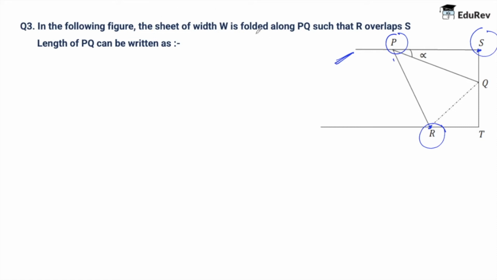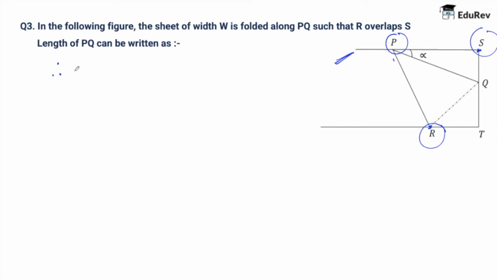Now let's get back to the question and understand what it says. In the following figure, the sheet of width W is folded along PQ such that R overlaps S, and the length of PQ can be written as what? So we need to figure it out. Now I know that S and R are going to overlap, so these two triangles are going to be congruent.